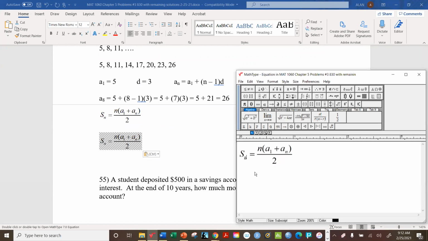All right, so we have 8, 5 is the first term, 26 is the last, and 2, so we're almost there. 8 times 31 over 2 is 124. Ooh.